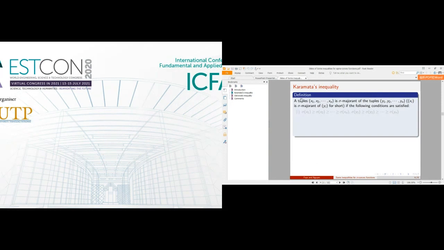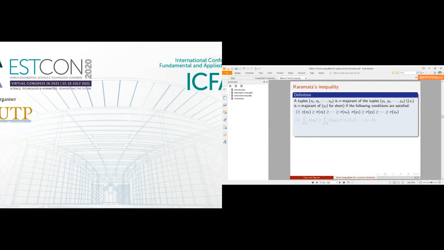We have the Karamata inequality for sigma convex functions. First, we define the sigma majorant notion. A tuple x1, x2, ..., xn is sigma majorant with tuple y1, y2, ..., yn if the following conditions are satisfied. First, sigma is strictly monotonic with respect to xi and yi.